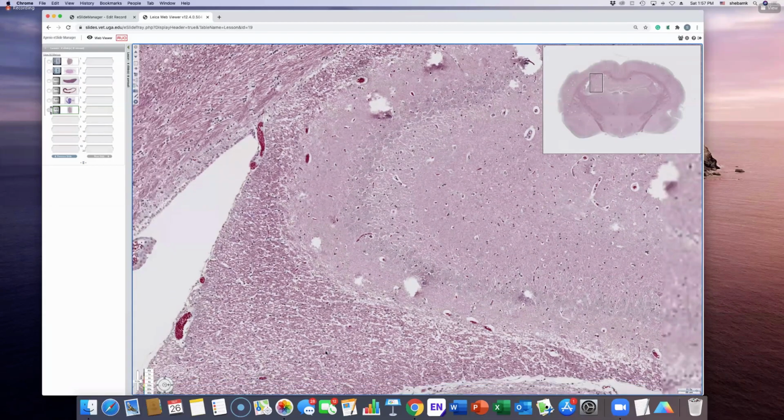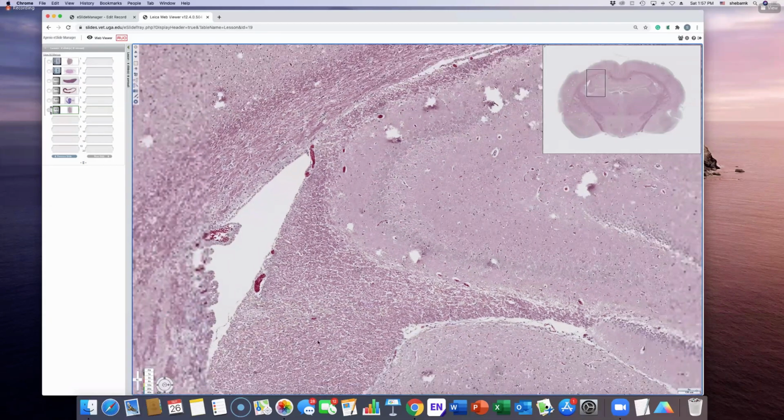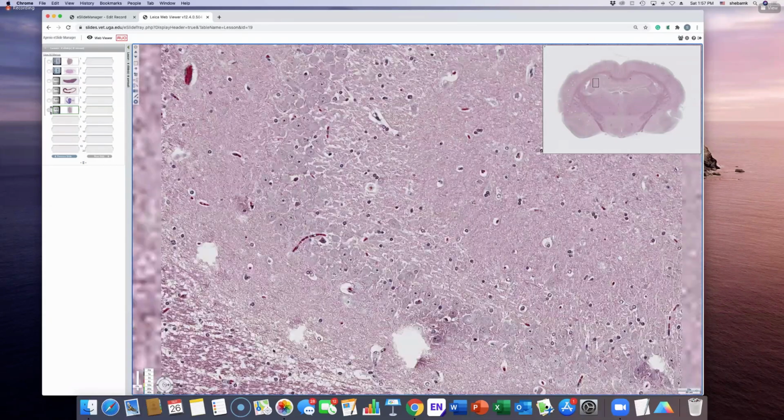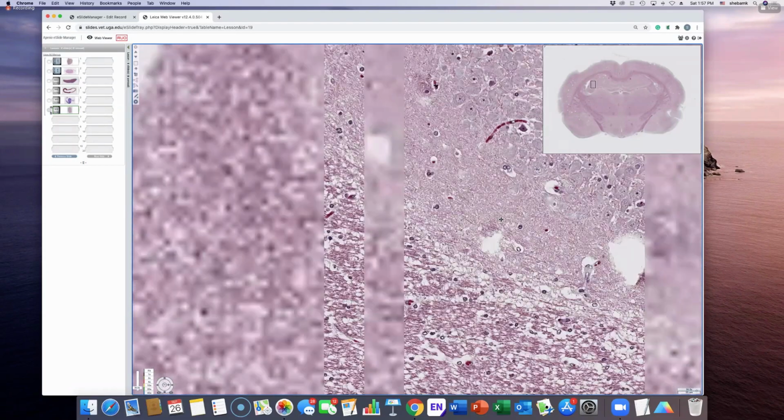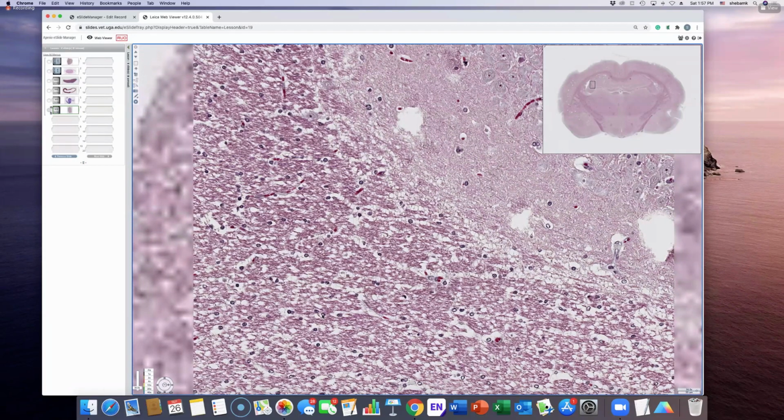So there are nuclei, small cells associated with the white matter, right? Look at these guys.